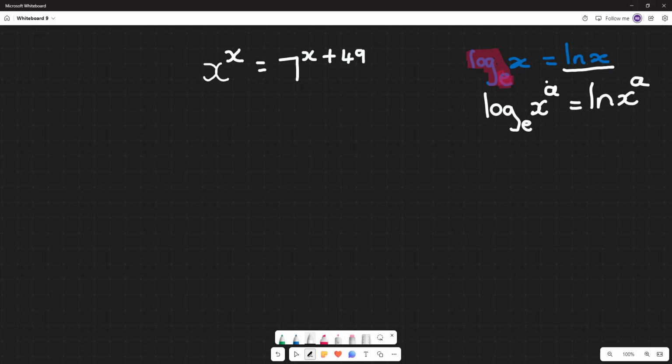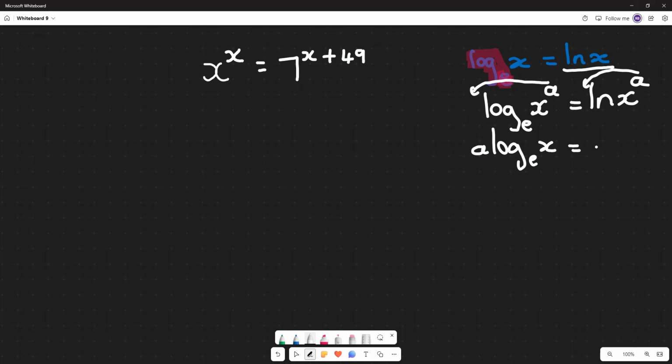Then remember, one of the rules of logs is that I can move the exponent here. It can become a coefficient also there. So we're going to have a ln x. You see, the a multiplies whatever number is here. So there was 1 there, so 1 times a is a.